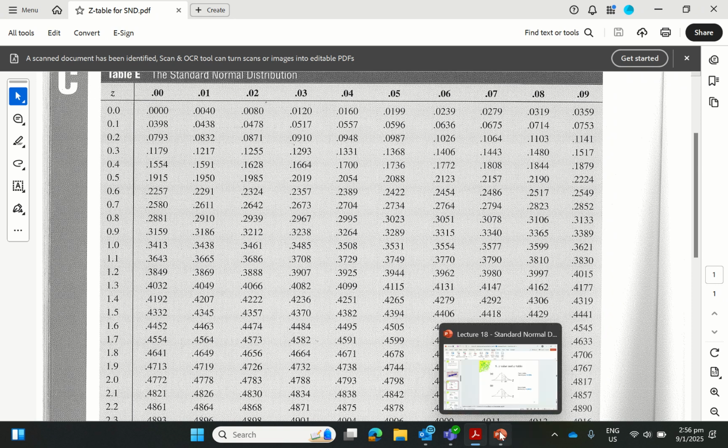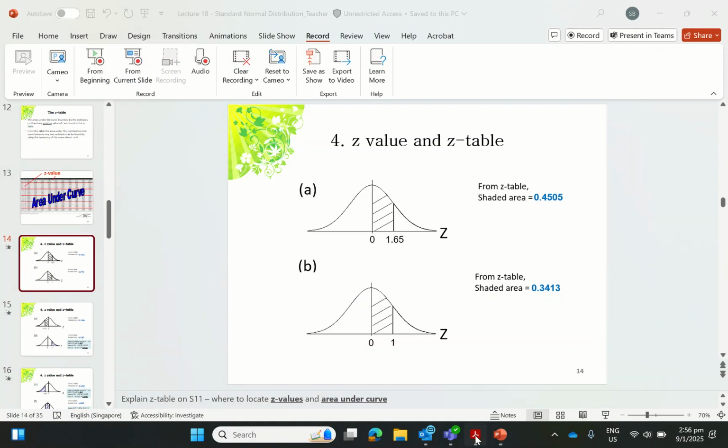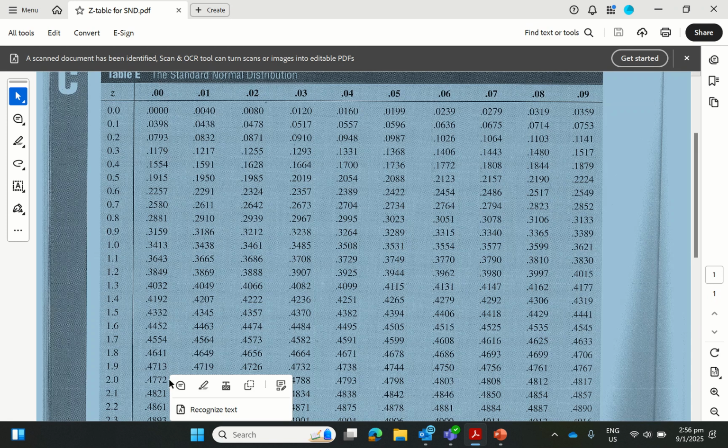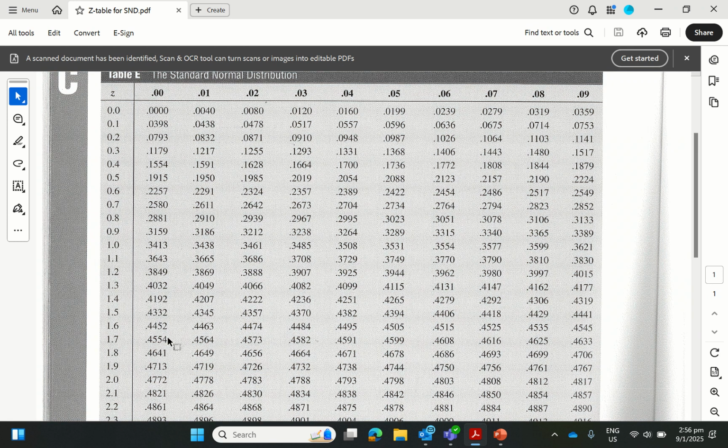So this is actually a bit easier. Let's see what the question was again. 1.65. Simple, you just go straight to the Z here. So 1.6, this is the first decimal place, then you go across, and the second decimal place is 5.